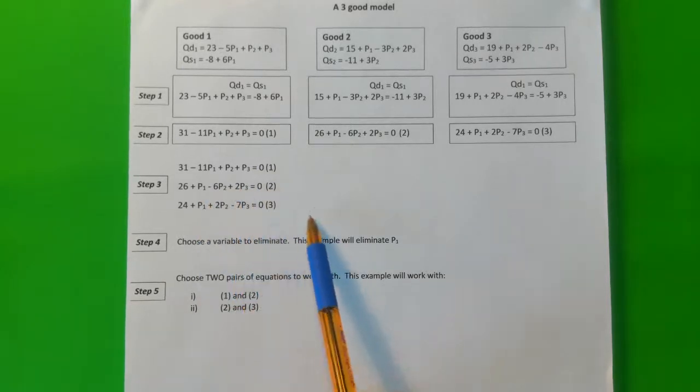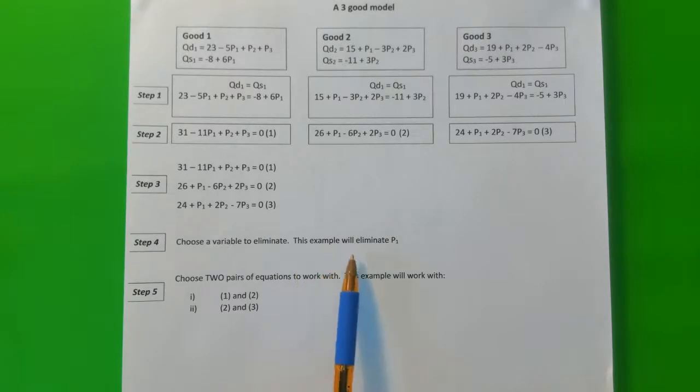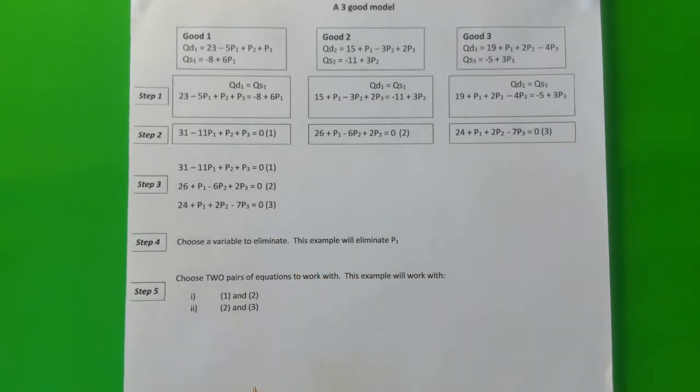Alright, so you saw all of this in our class example. Our next step now is to determine which variable we are going to start with eliminating. So in working through this in class, we decided to eliminate variable P2 first. Here we will take a slightly different approach and decide to eliminate P1 first.